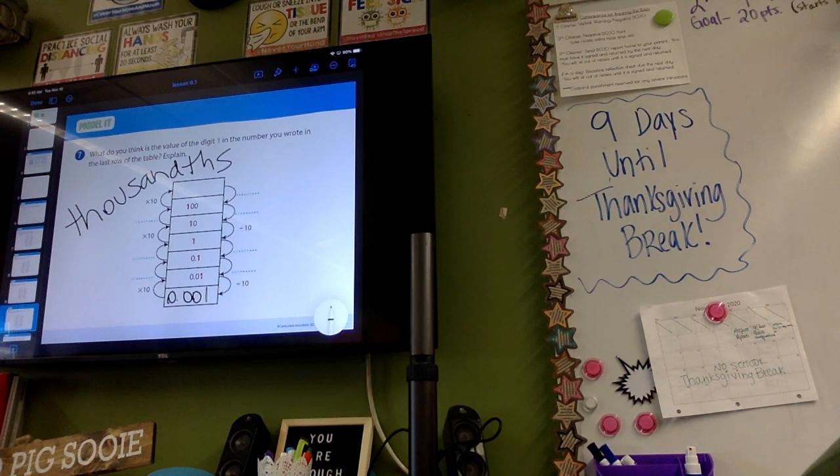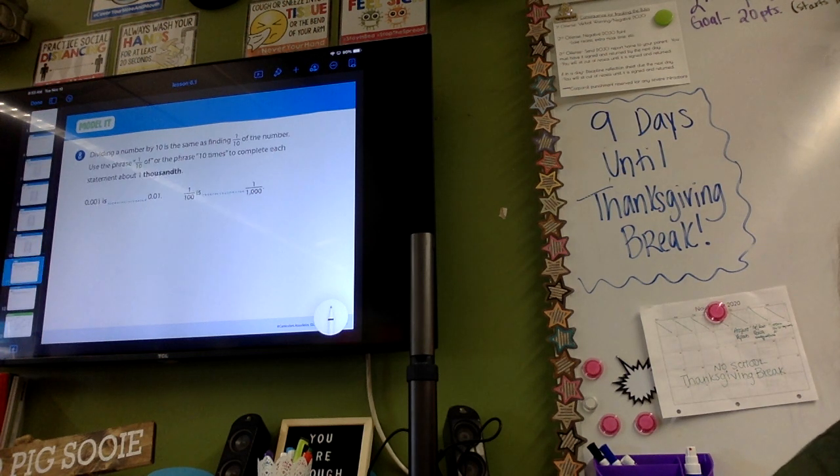It is in the thousandths place. Okay, your bell work had some of that in it also. What value is this digit? Okay? All right. Let's keep going.